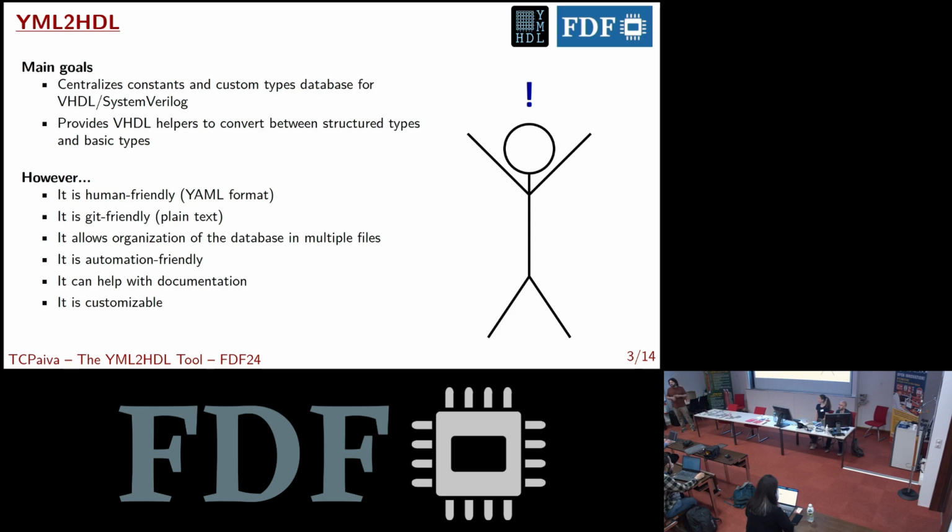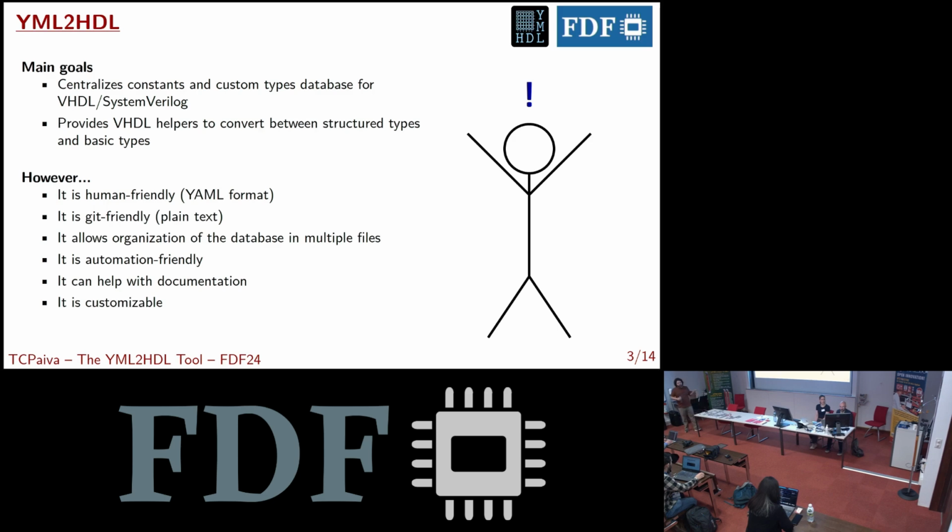It uses a human-friendly format, which is YAML. It's really easy to see what's there. It's Git-friendly because it's plain text. It allows you to split your types into multiple files, which is very good for organization.